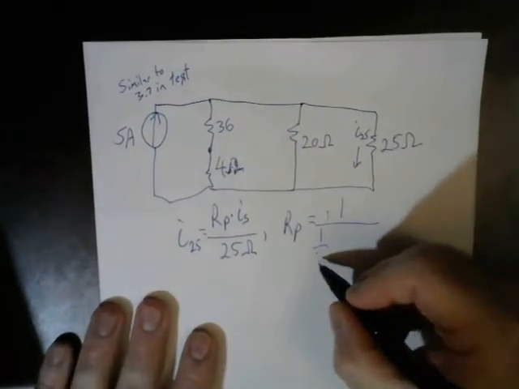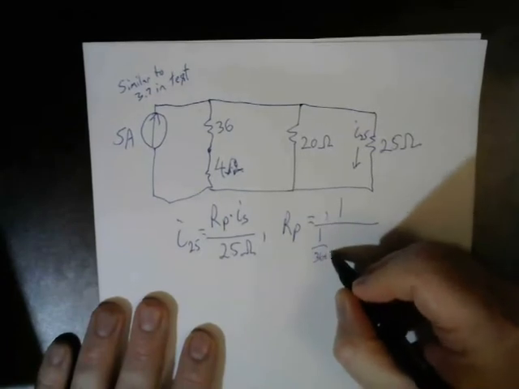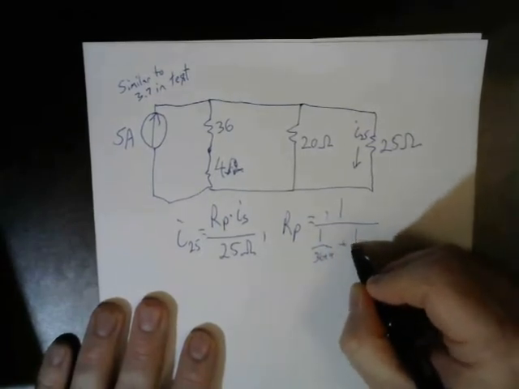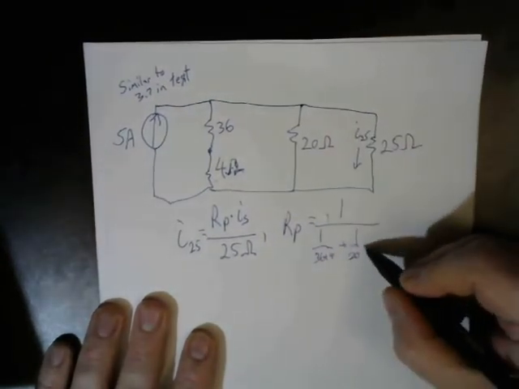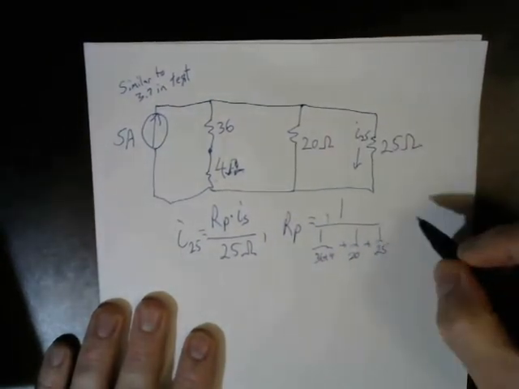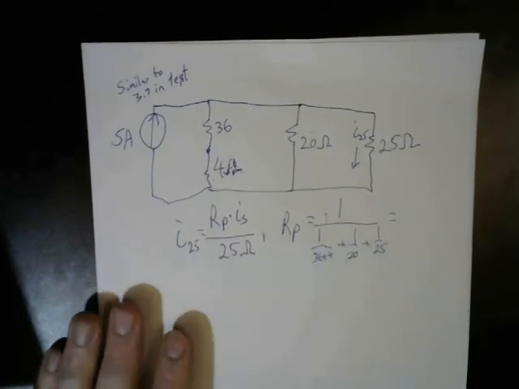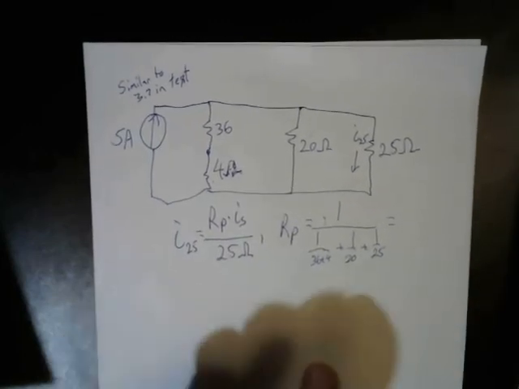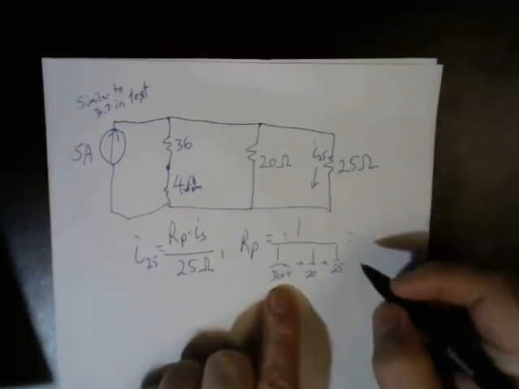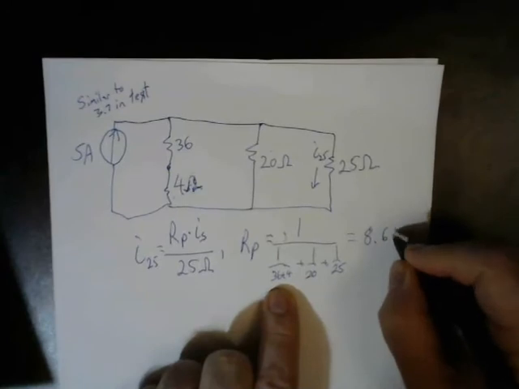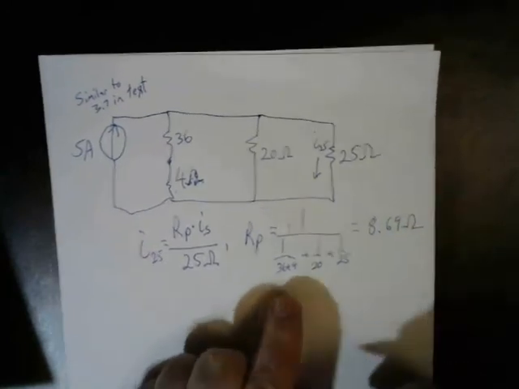So this is 1 over 36 plus 4, because they're in series, plus 1 over 20, plus 1 over 25. And that's the parallel resistance. So I have 1 over 40. And that gives me 8.69 ohms.